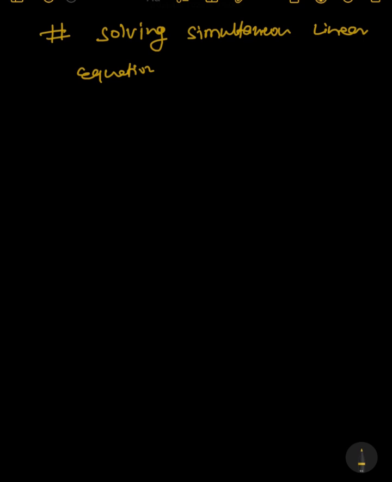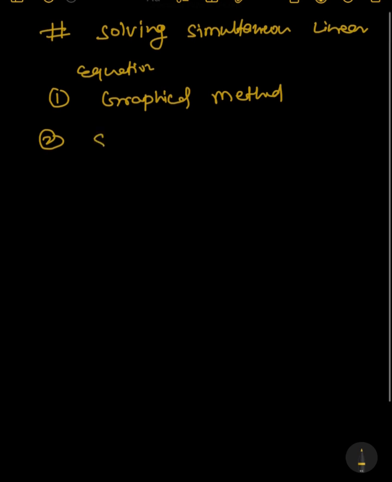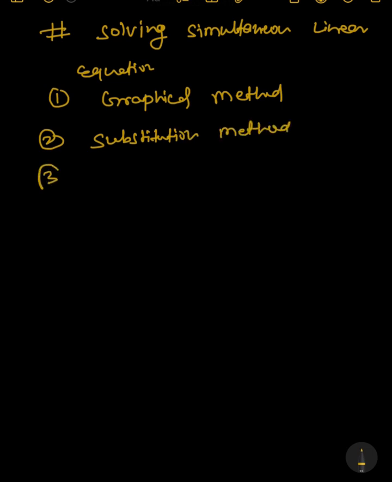So first method is graphical method. Second method is called substitution method. Or third one is what? Elimination method.